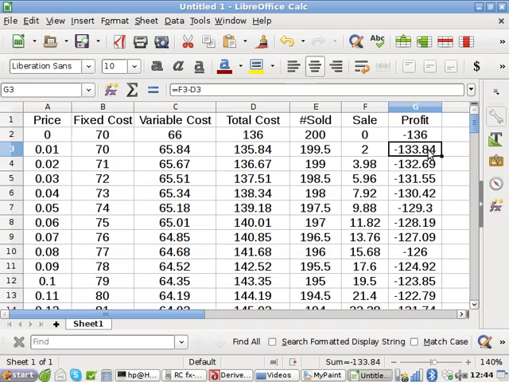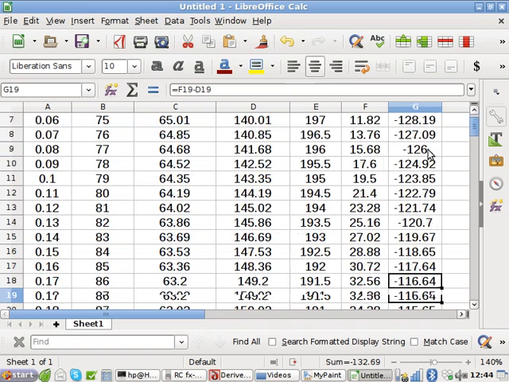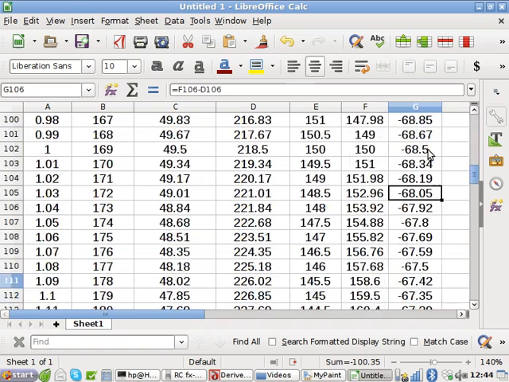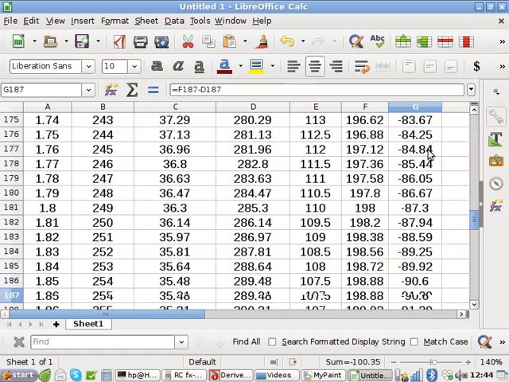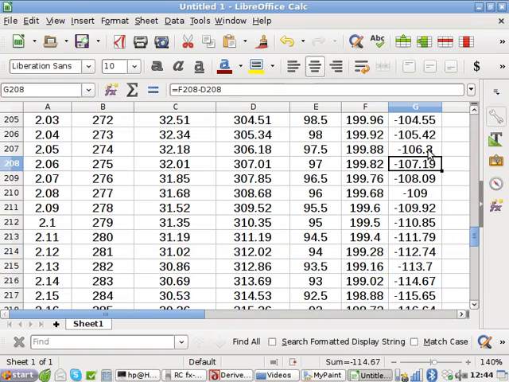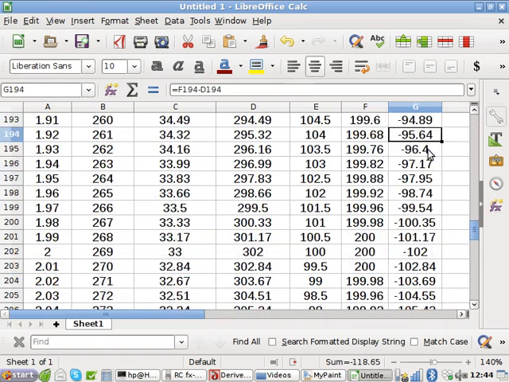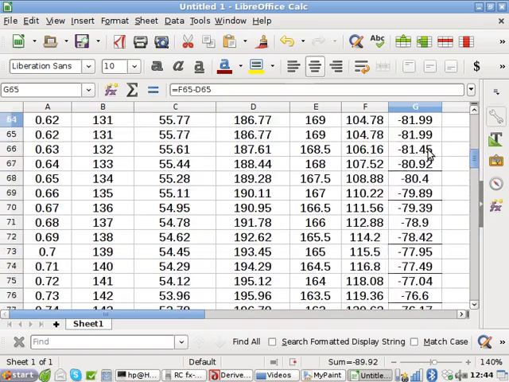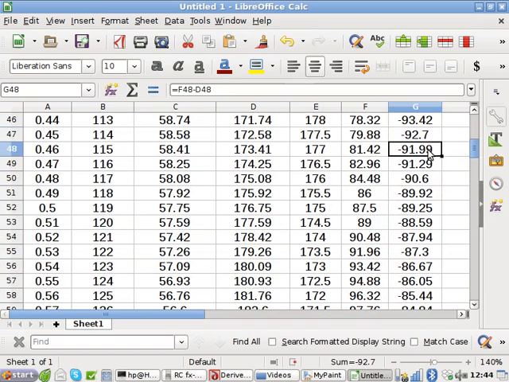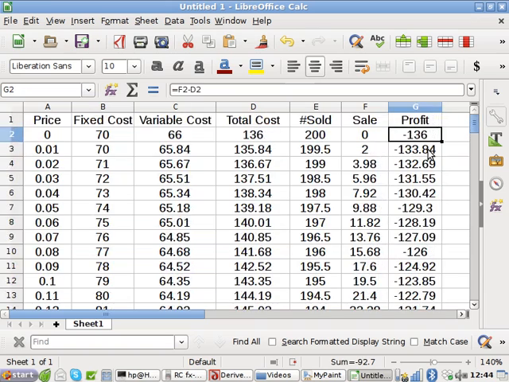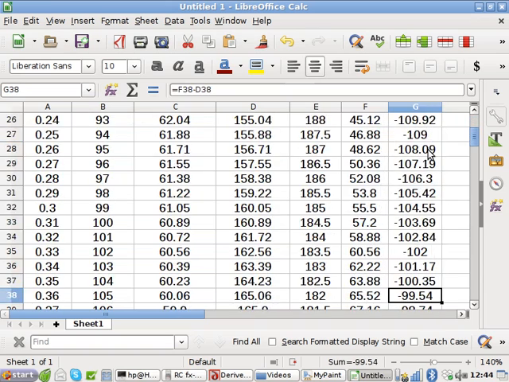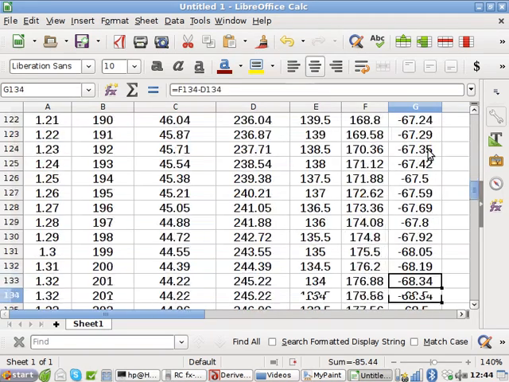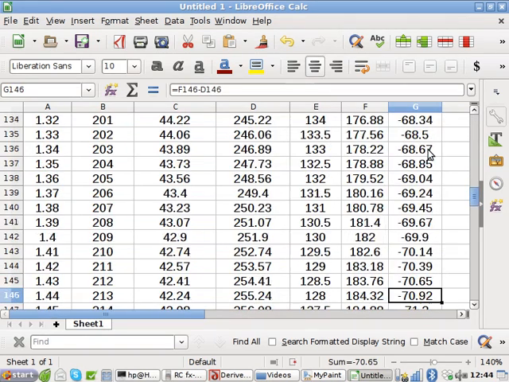As they increase the price, they make less of a loss. Keep going. Still making a loss.